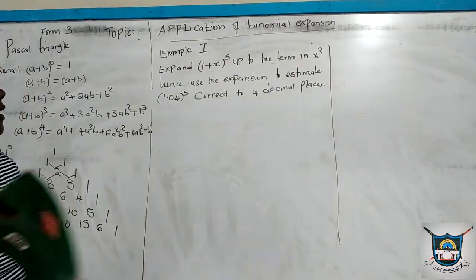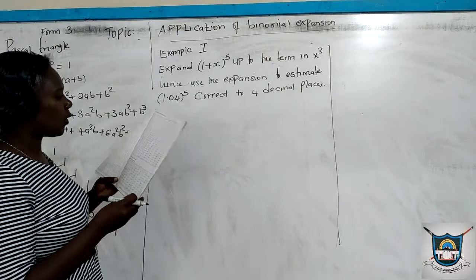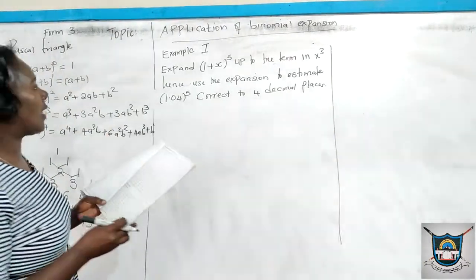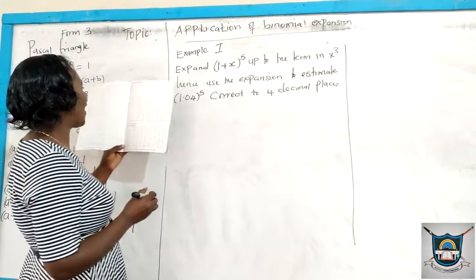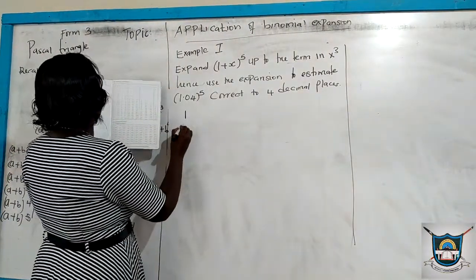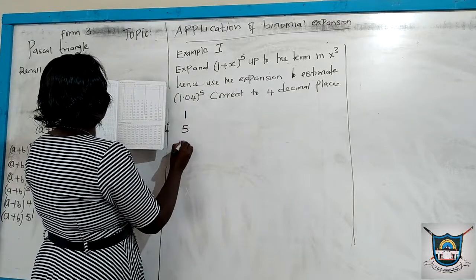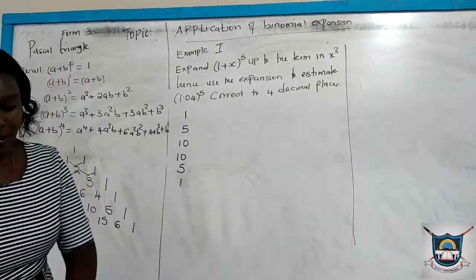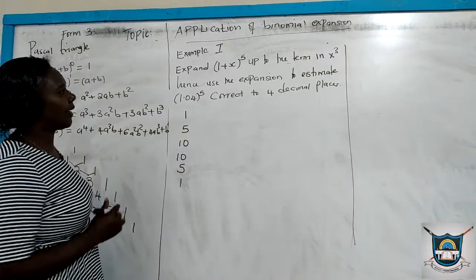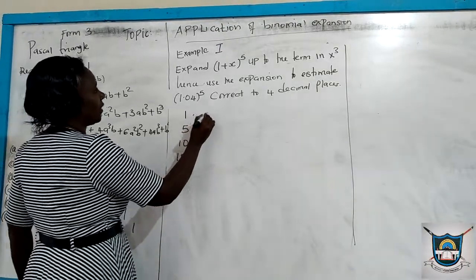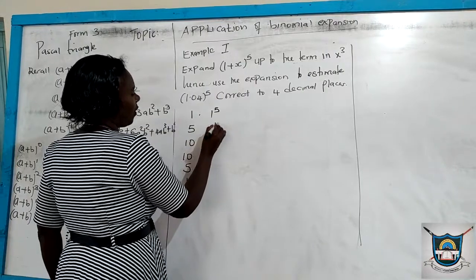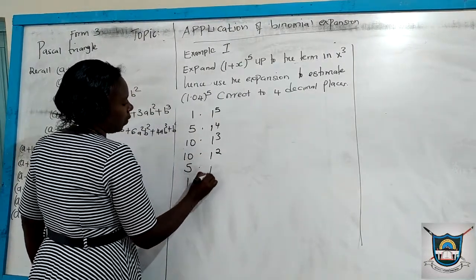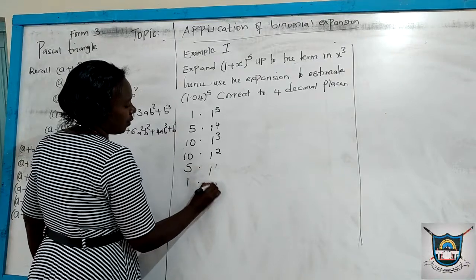Our question is the power is 5, so we go to our mathematical table, 6th edition, page 27. The coefficients of power 5 are 1, 5, 10, 10, 5, 1. From there we expand our terms. We have 1 and then x. So we start with 1 to power 5, 1 to power 4, 1 to power 3, 1 to power 2, 1 to power 1, and 1 to power 0.